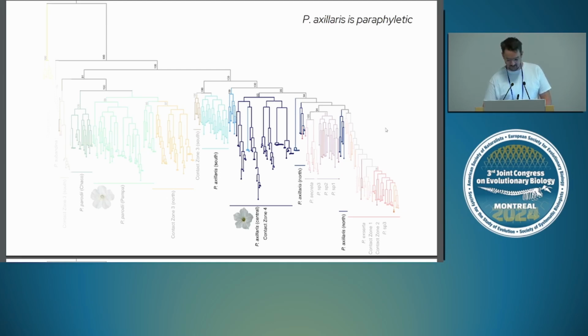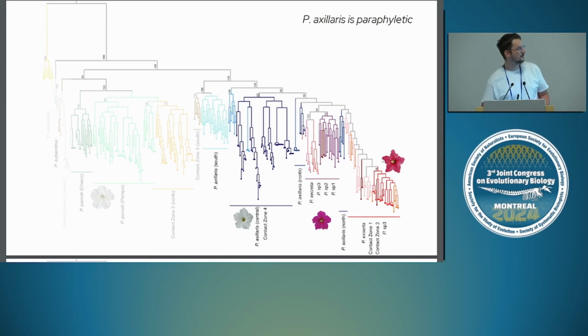And here in the dark blue, we have the north distribution of the species. But it's interesting that it follows the budding speciation pattern, where we have one species that is very widely distributed and very common, that gives rise to new endemic and rare species. So like this one, that's Petunia secreta and Petunia exserta.